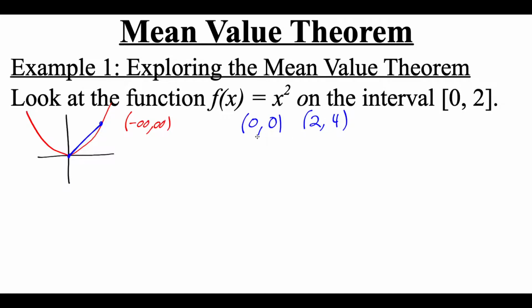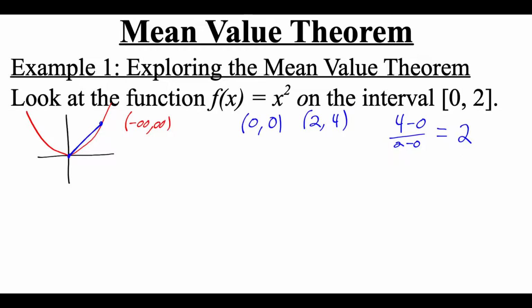I want to find the slope of this chord. So I would do 4 minus 0 over 2 minus 0. So this chord connecting those 2 points has a slope of 2. So there must be some instantaneous point along this curve where the tangent line, where the derivative, has a slope of 2 as well.